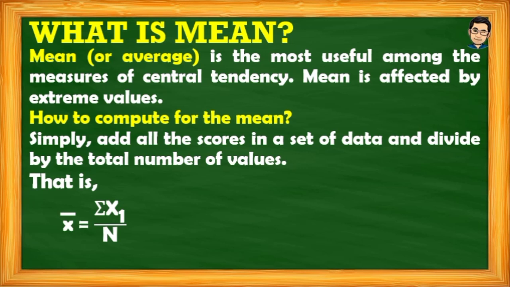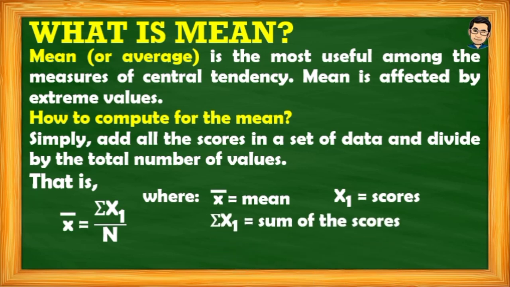So, i-explain natin yung mga variables dyan. Una, x bar is mean. And then, x sub i, ito yung mga scores. Next, summation of x sub i, ito yung sum of the scores. Ibig sabihin po ng symbol na yan, yung Greek symbol na sigma, is summation.